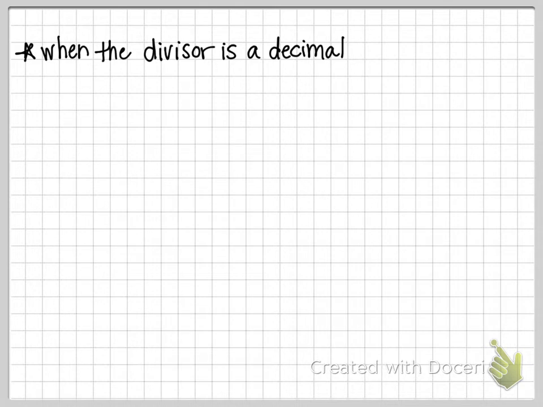We can't divide when we have a decimal in the divisor. We have to move the decimal out of the divisor before we divide. Like I was saying before, we do all of our decimal movement and get it in the right place before we do any division. So when we see a decimal in the divisor, we're going to have to move that decimal out of the divisor.